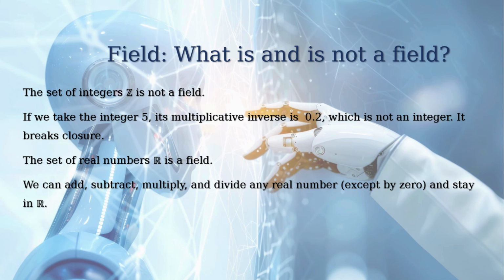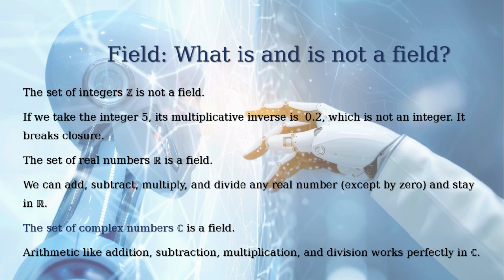We can add, subtract, multiply and divide real numbers and the results stay in the field of real numbers. The set of complex numbers is also a field. Arithmetic like addition, subtraction, multiplication and division works perfectly in the field of complex numbers.